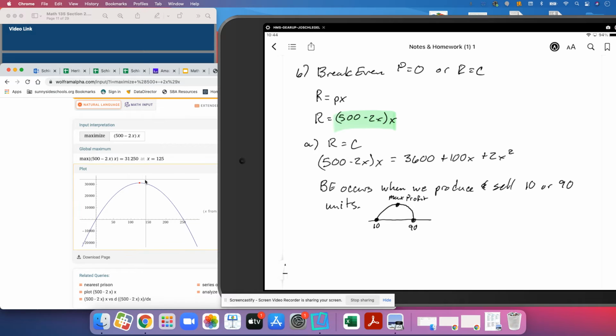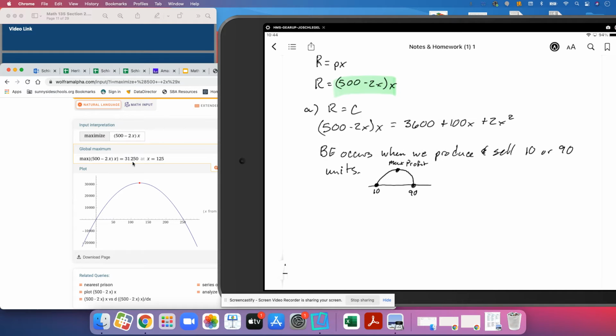And we get x is 125 and y is 3125. That looks pretty awesome. So revenue is maxed when we produce and sell 125 units.